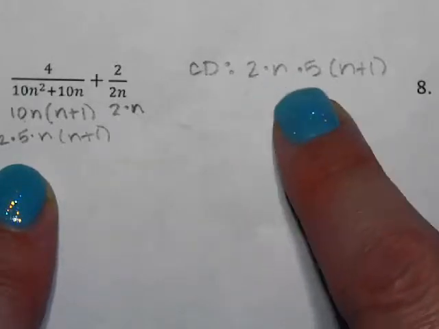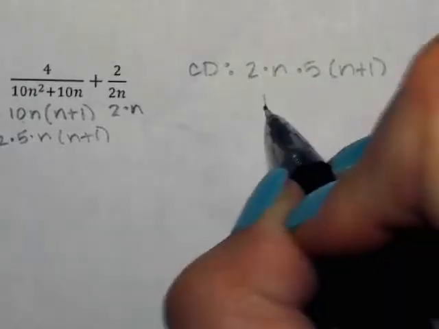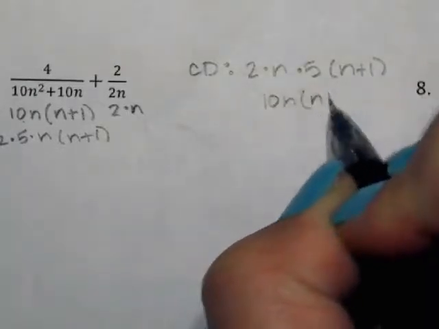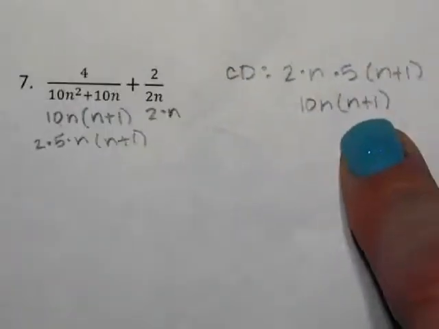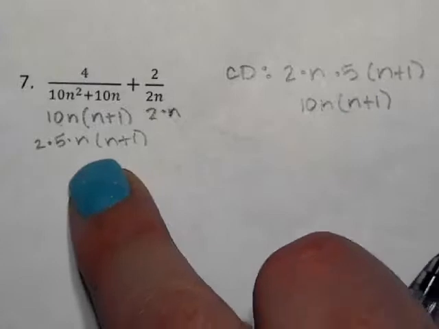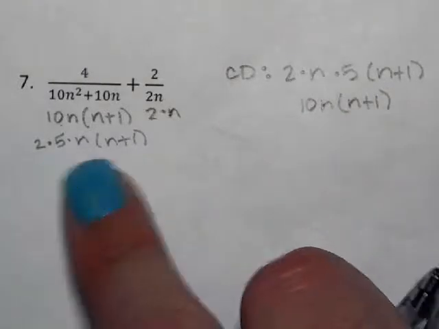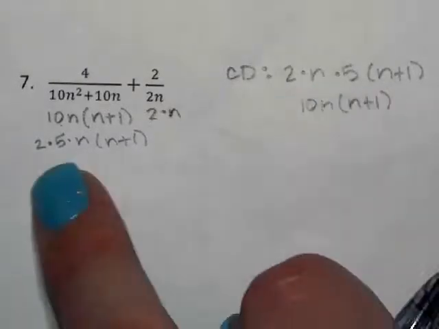Okay. So if we look at the left fraction, can you see how it already has the pieces? So the left fraction is done. It doesn't need anything.